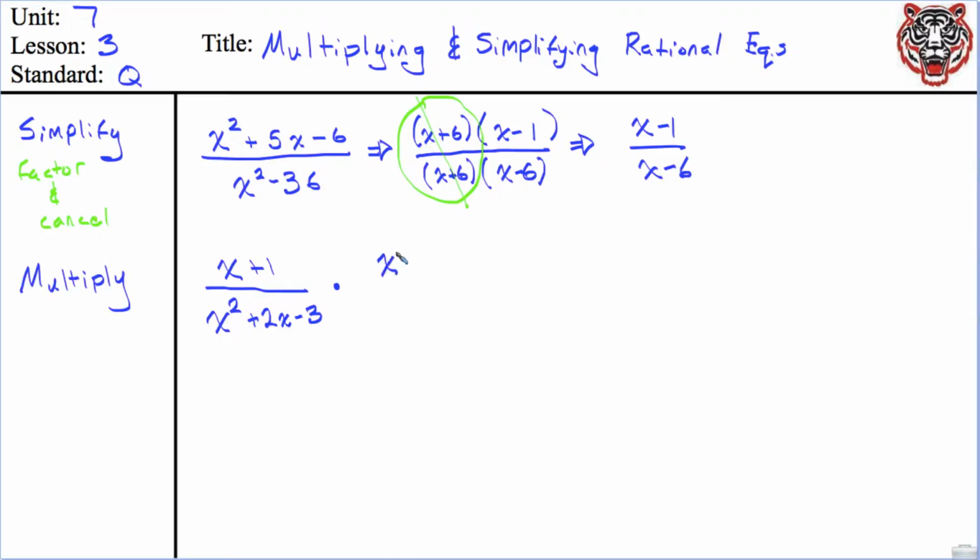Let's do x squared plus x minus 6, all of that divided by, we'll do a negative x squared plus 2x plus 3. Alright, so when I say multiply, really what I'm asking for in these instructions is to multiply and simplify.